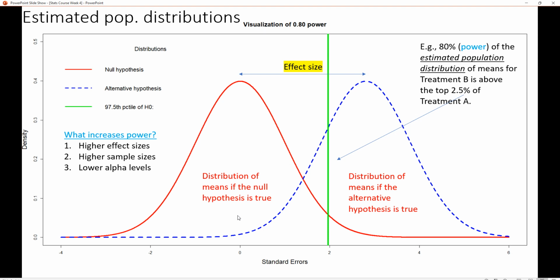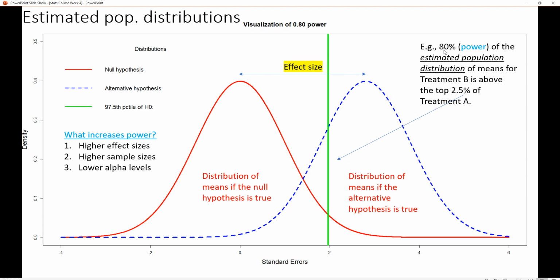If what's called your alternative hypothesis is true, or in other words, if your treatment group or intervention group really works, then what we'd estimate your population distribution to be is something like what we see in this blue dashed line. So you can see that the bigger the effect size, and that's this horizontal arrow up top, the bigger the difference in these distributions, and the more power you have in your results.